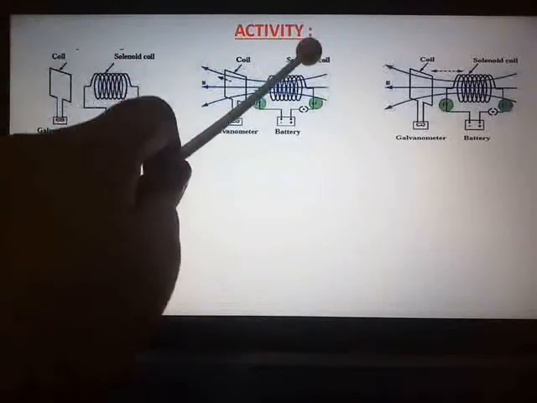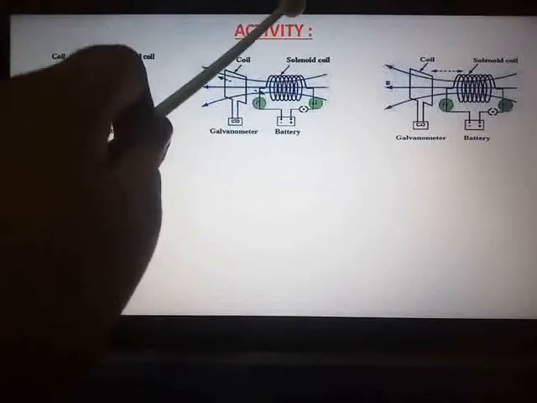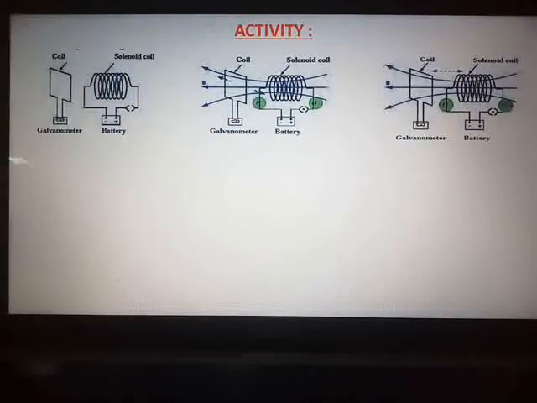Means what? Even if the solenoid coil is kept stationary, a change in the current in the solenoid coil will produce a current in this coil, and if the solenoid coil is moved towards or away from the coil, we see a deflection in the galvanometer.